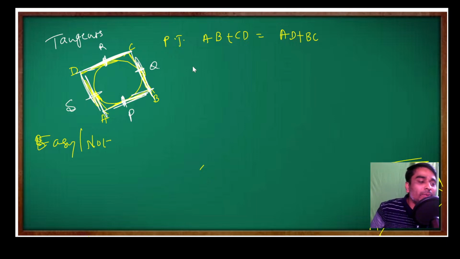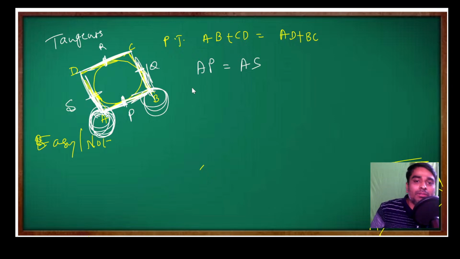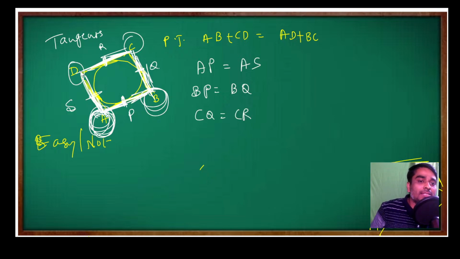Now I will simply write AP equal to AS, from this point, this side and this side. From every point, left and right. From B, BP equal to BQ. Then from C, CQ equal to CR. Then last, DR equal to DS.